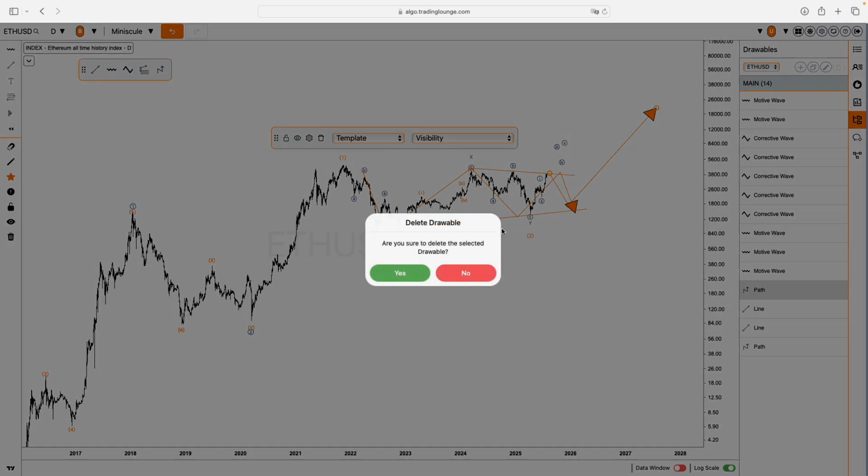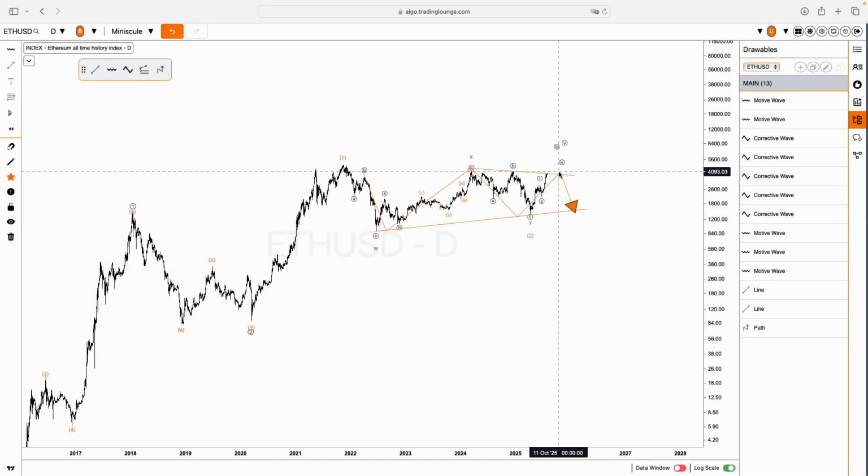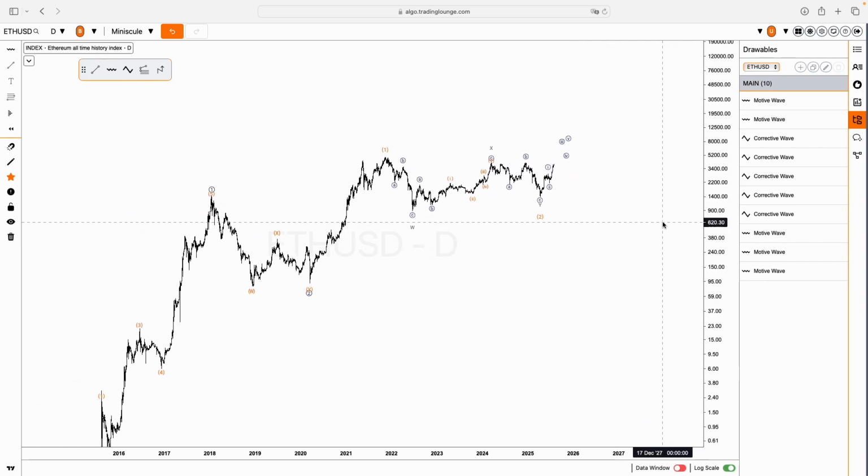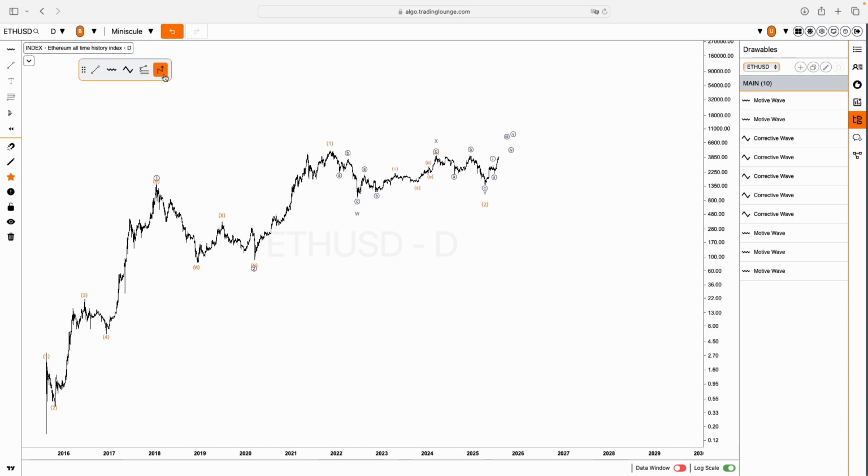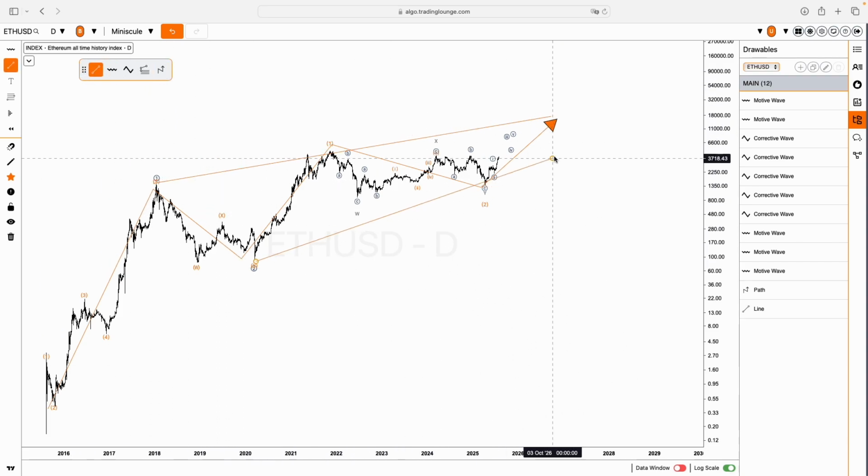However, I need to remove it like this. However, we could also be in a leading diagonal. So we could also be in 1 2 3 4 completed, up in 5 in a leading diagonal, which is actually absolutely possible and valid, and even to some degree likely.